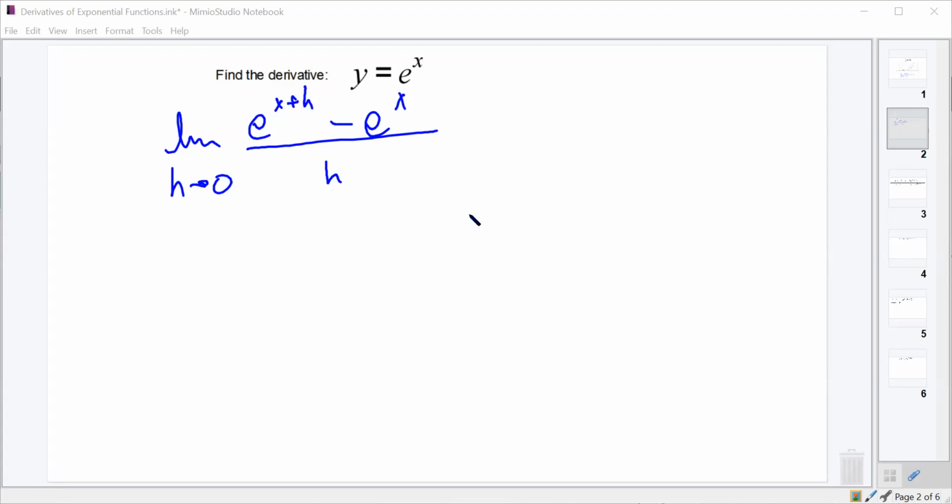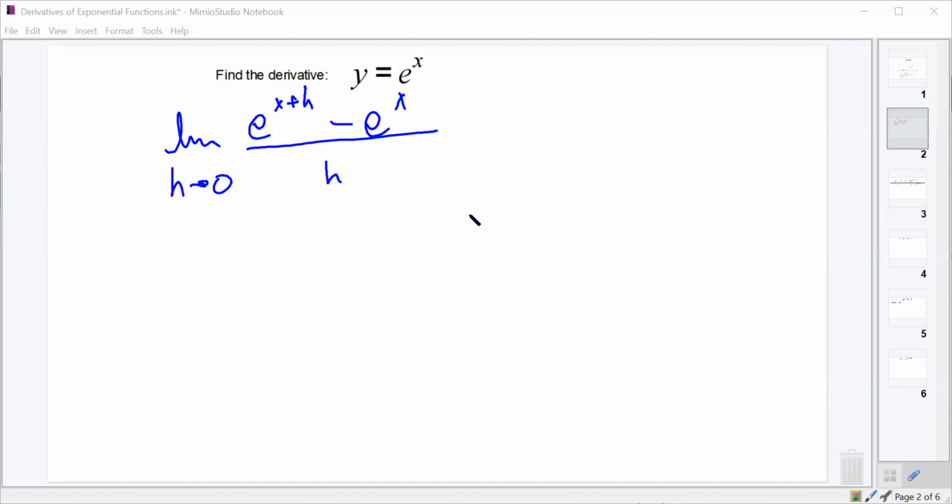Any thoughts on what we're going to do with that? I mean, you plug in the 0 and you get 0 over 0, so it's indeterminate. Oh, but couldn't you say that because h is getting really, really close to 0, whatever's on the top will be divided by a really small number, so it'll approach like infinity or negative infinity?